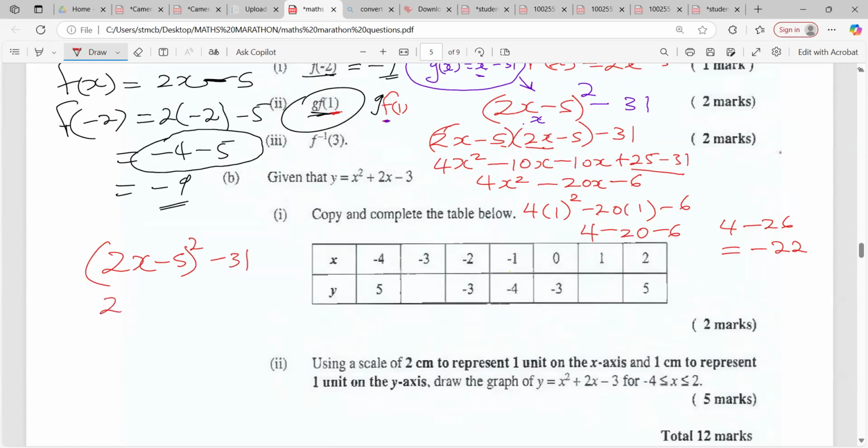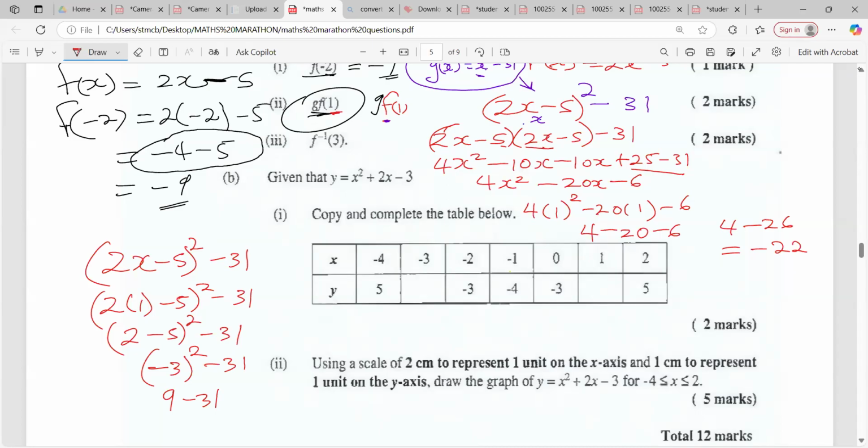So what most students do, they plug in the 1 from here, which is actually the easier way, I think. We work out the bracket first, right? So 2 ones are 2, minus 5, negative 3. But then we have to square that. Now once a number is squared, you're going to get positive. So positive 9, minus 31.